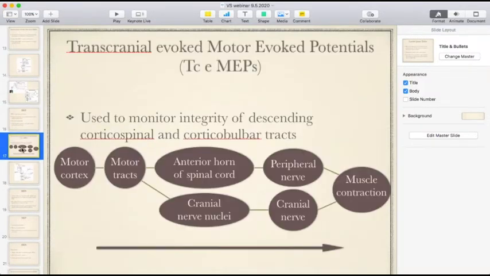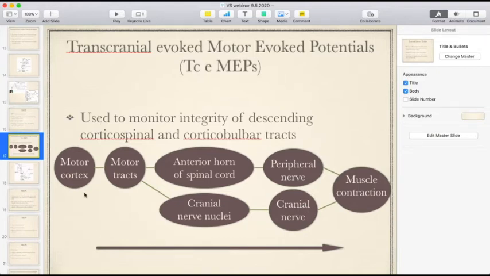Coming to motor evoked potentials, specifically transcranial motor evoked potentials, because there is also something called direct cortical stimulation motor evoked potential. What we are interested in during vestibular schwannoma surgery are transcranial motor evoked potentials. They are used to monitor the integrity of the descending corticospinal and corticobulbar tracts.